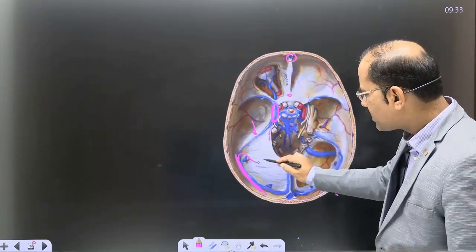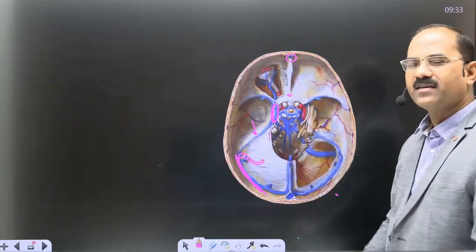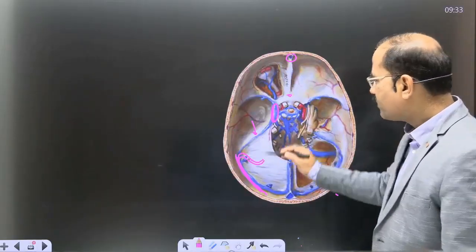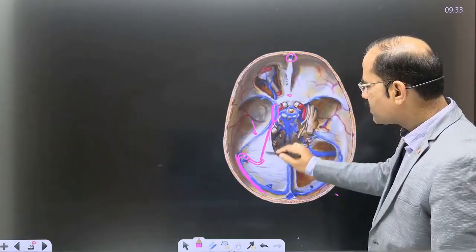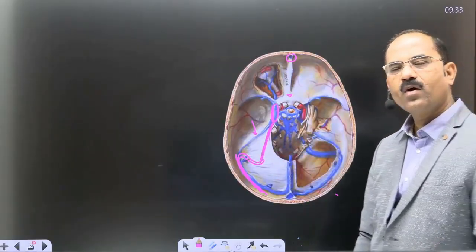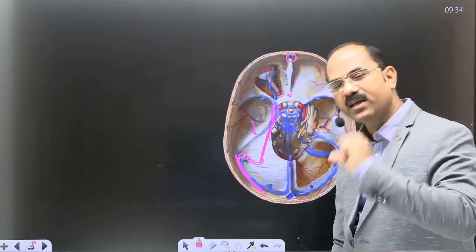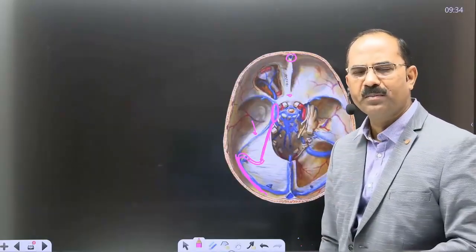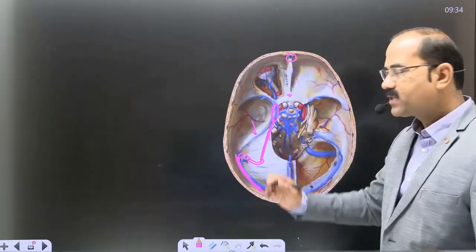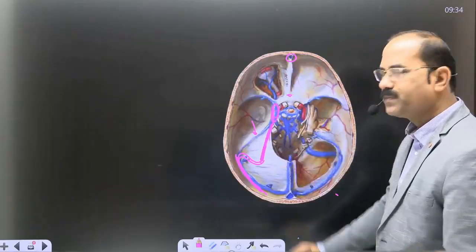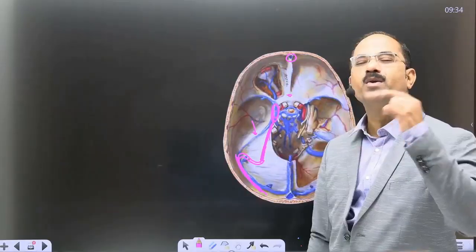What is this S-shaped sinus here? That's the sigmoid sinus. And there's a vein which would connect the cavernous sinus to the sigmoid sinus, or there's a vein which would connect the cavernous sinus with the internal jugular vein. That's the inferior petrosal sinus. So the inferior petrosal sinus connects the cavernous sinus to either the sigmoid sinus or the internal jugular vein.